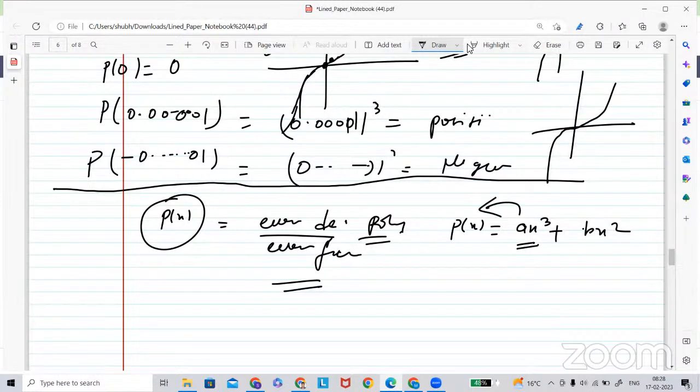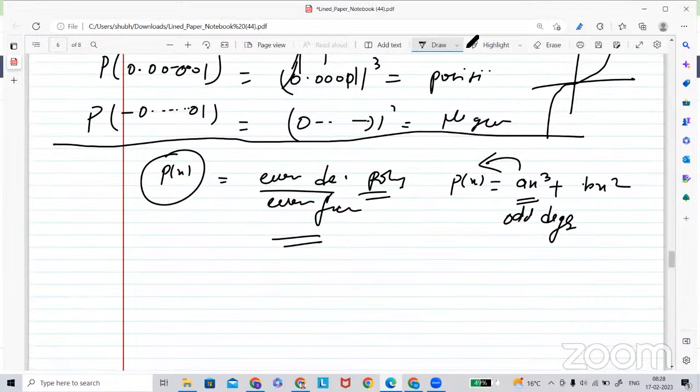So here it is an odd degree polynomial. If the highest degree is 4, then it is even degree. Yes, the highest degree we will check.